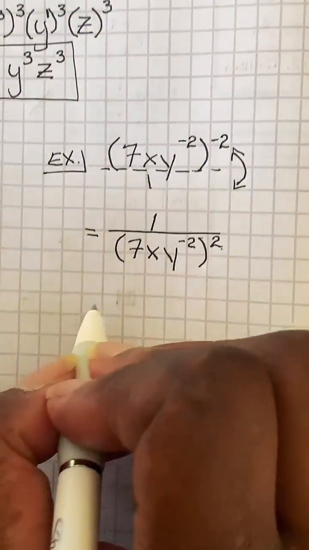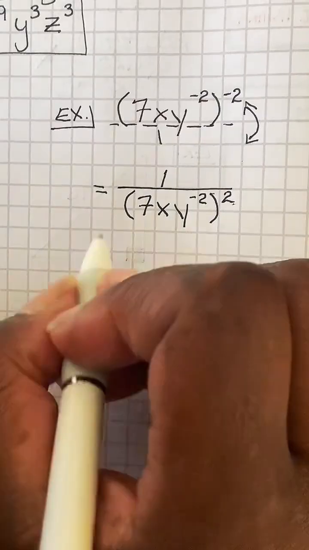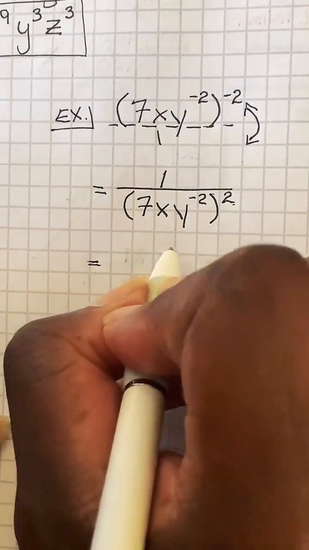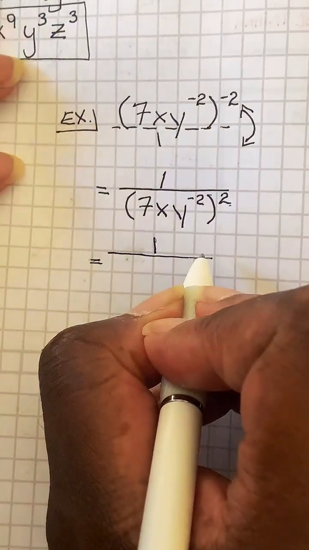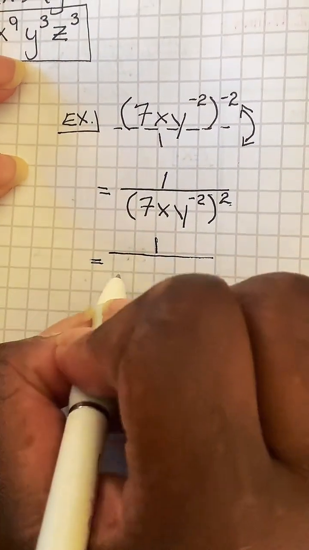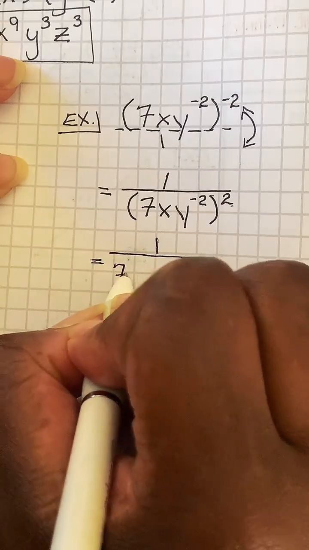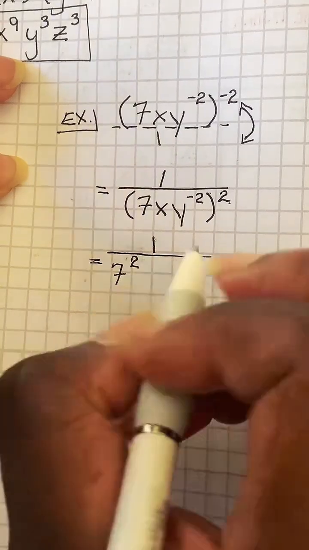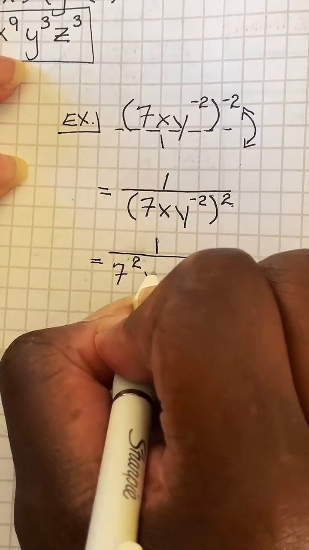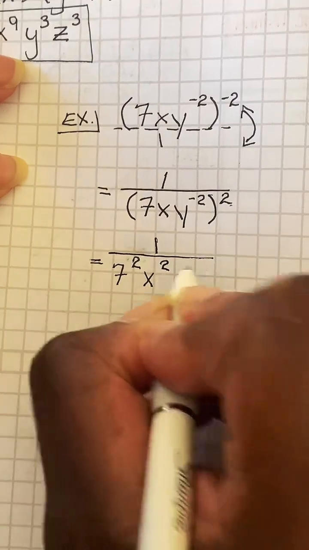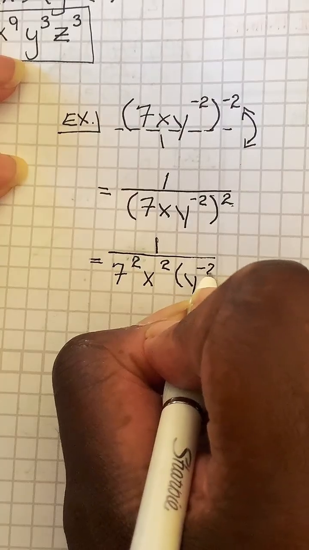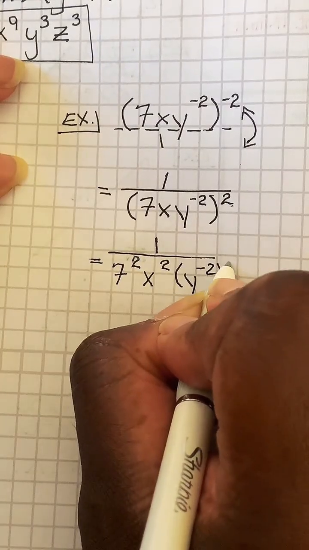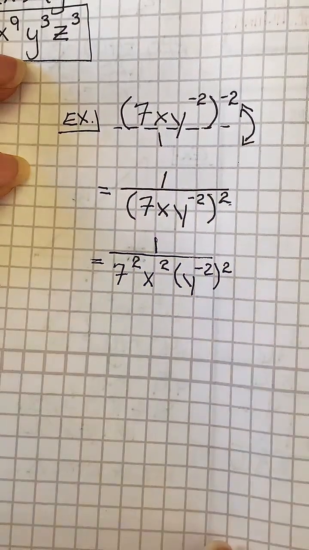Now, we're going to raise everything that's inside that parenthesis. We're raising everything to the second power. So that 7 is being raised to the second power. This x is being raised to the second power. And this y to the negative 2, or to the negative second, is being raised to the second power.